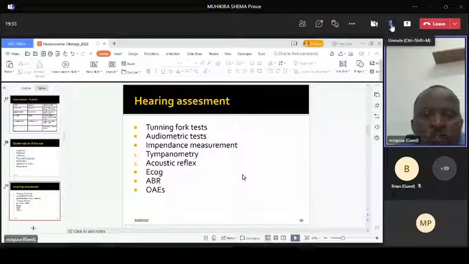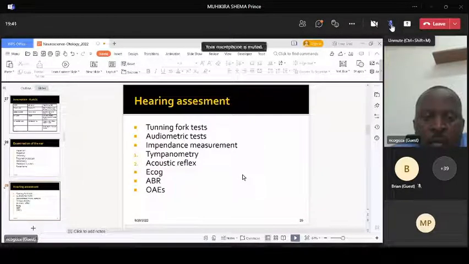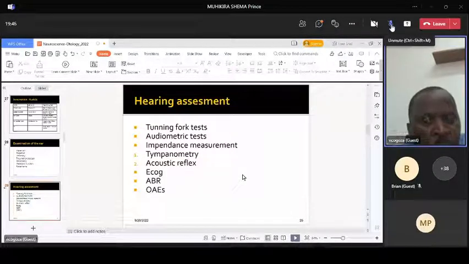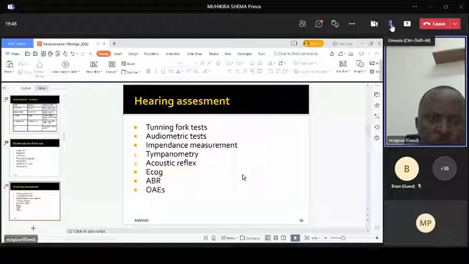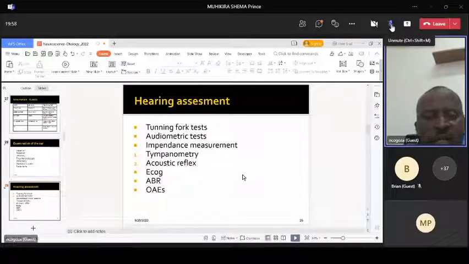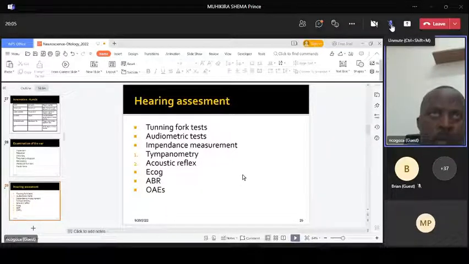You see how the audiometric test is done, the tympanometry, acoustic reflex, how to test the cochlea, cochleography, how to test the hearing in newborns, because for the adult we can use the audiometers, but for kids we use objective mechanisms, and these ones are auditory brainstem response and the otoacoustic emissions.